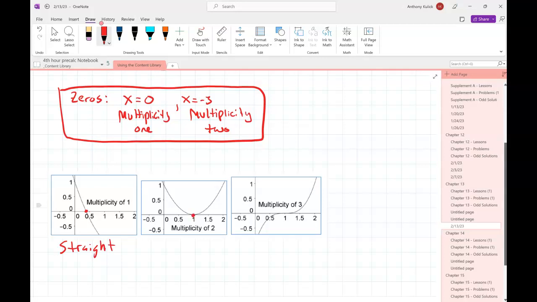See this second x-intercept where the graph hits the x-axis and then goes back the same direction it came? We call that a bounce. And you see this other one where the x-intercept, it's like concave down until it hits the x-axis and it switches to concave up. We call that a bend.